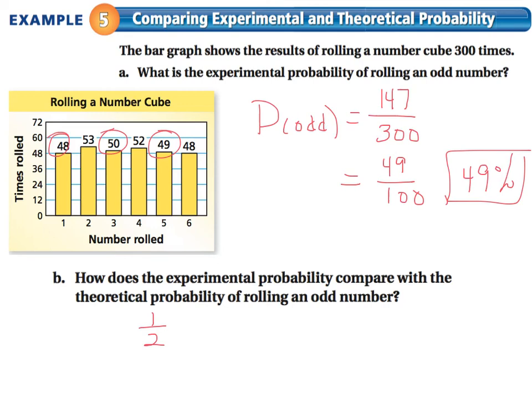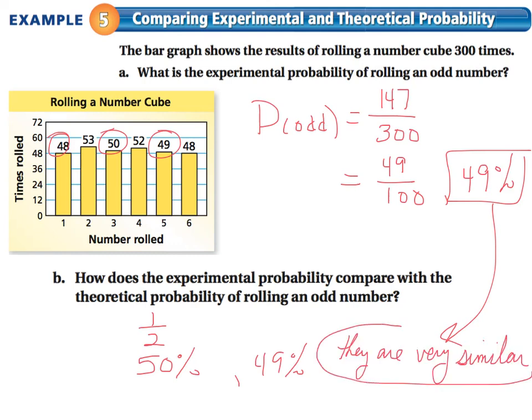That's 1/2. So 1/2 is 50%. How does that compare with the actual experimental probability? Well, the experimental probability is 49%. So you could say that it's almost the same. So the experimental probability is close to the theoretical probability. So that's what you put as your answer. You would write down that they are very close, or that they are very similar.